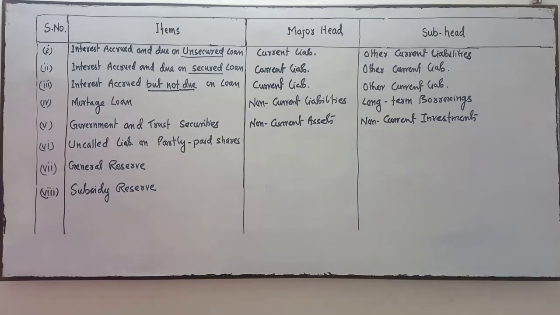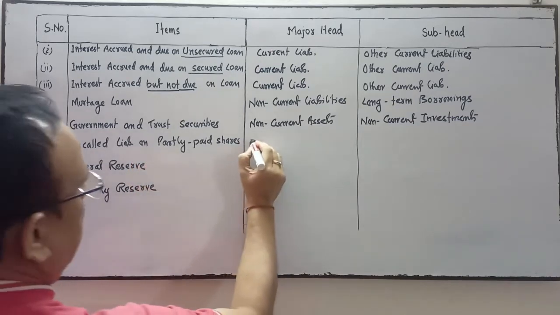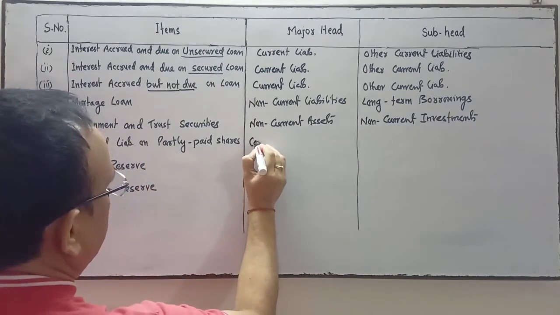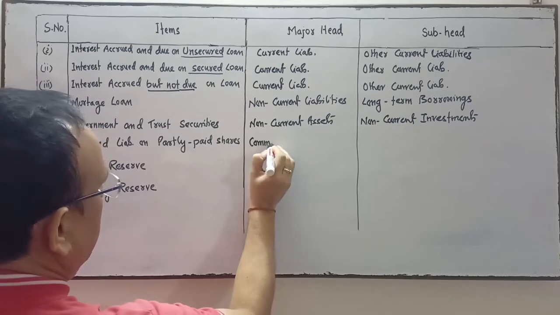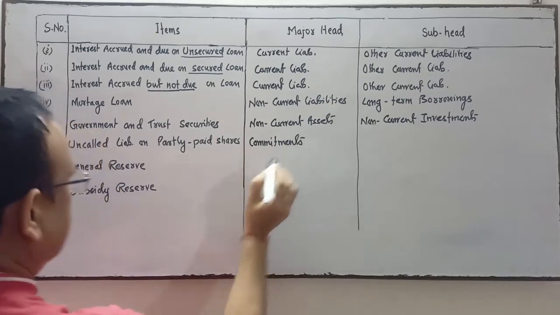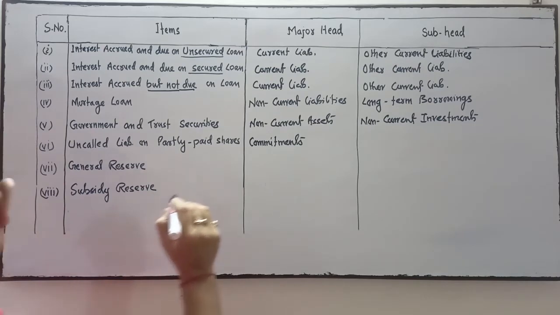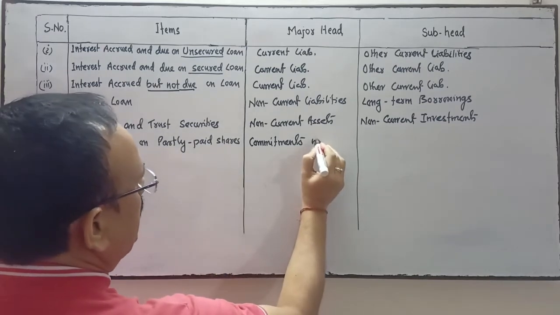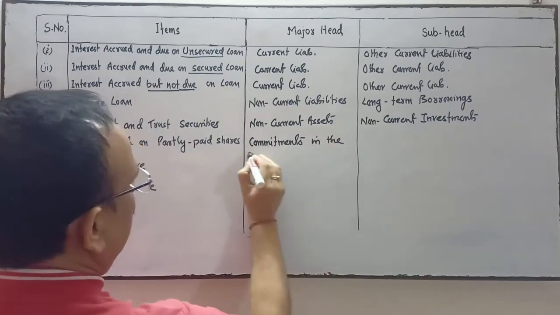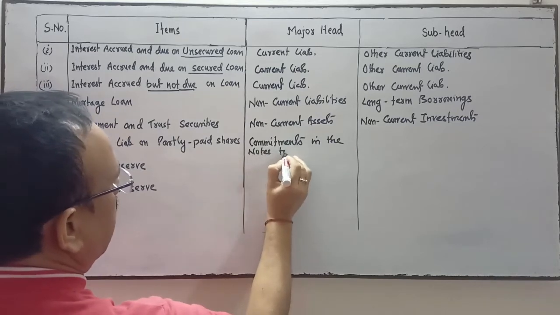Next is uncalled liability on partly paid shares. It does not come under the balance sheet. It comes under commitments, in the notes to accounts.